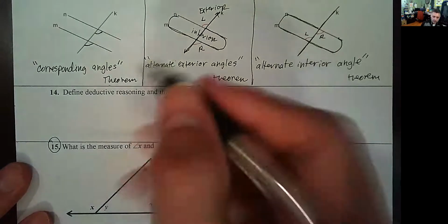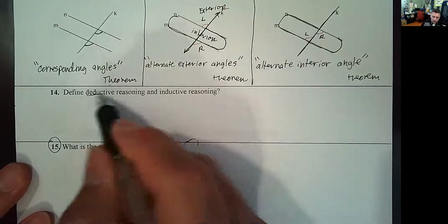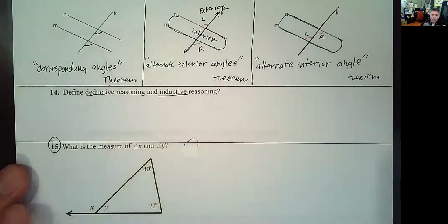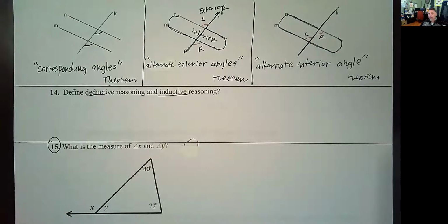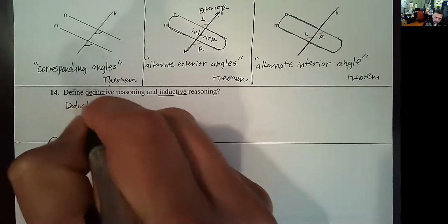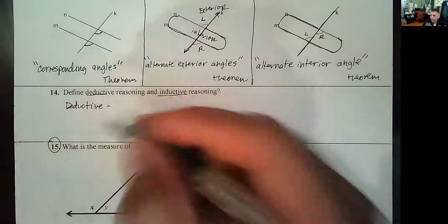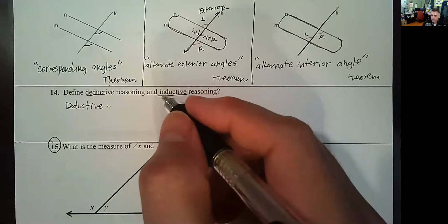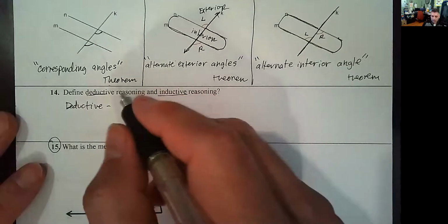And then for deductive, for these, you're pretty much going to have a statement, and then the question is going to be, is the statement an example of deductive reasoning or inductive reasoning? And this is what you want to look for. For deductive reasoning, you want to look for these keywords in the phrase.